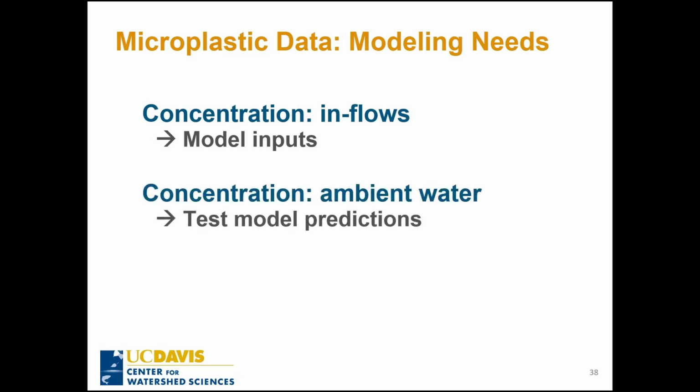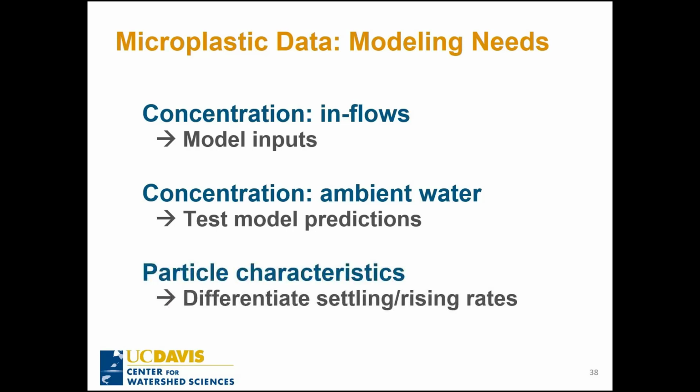Second, we need concentration information from ambient water and potentially in the sediments as well, so that we can take the model outputs and evaluate how well we're doing. Because if you don't have the ability to compare your model output to observations, then we really can't constrain how skillful the models actually are.